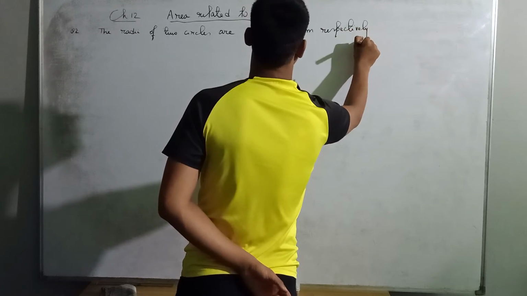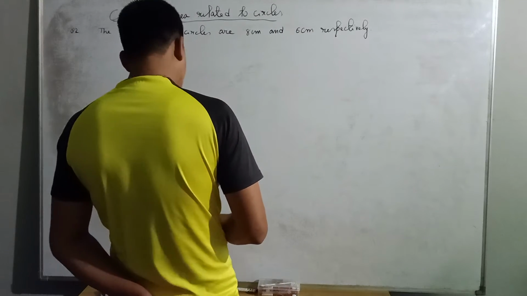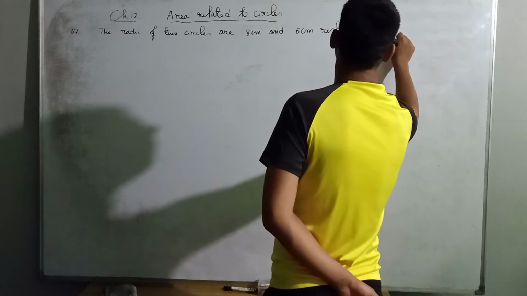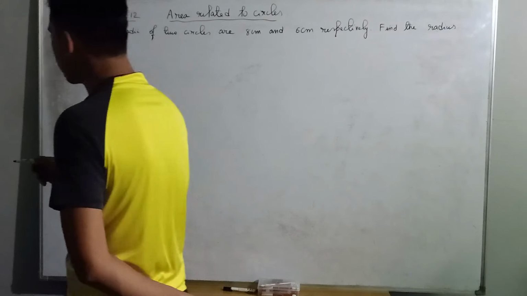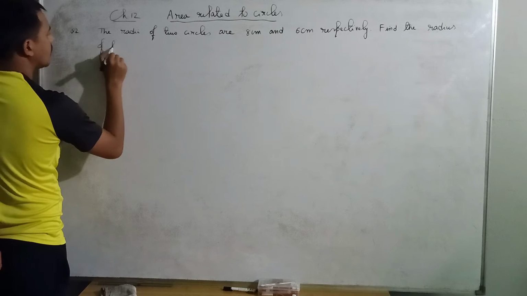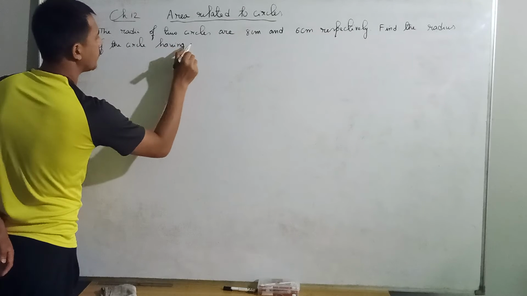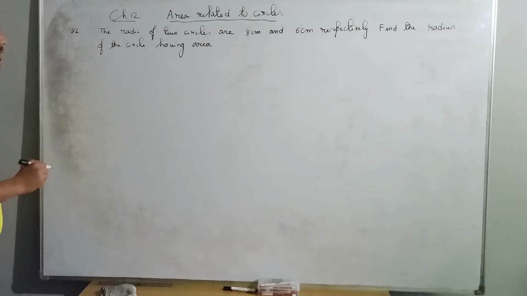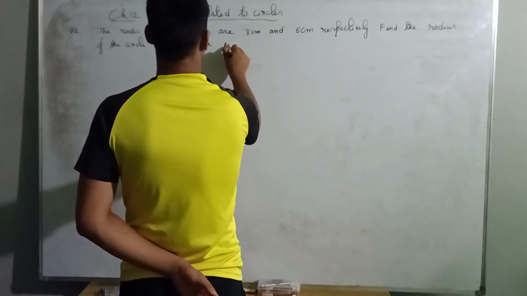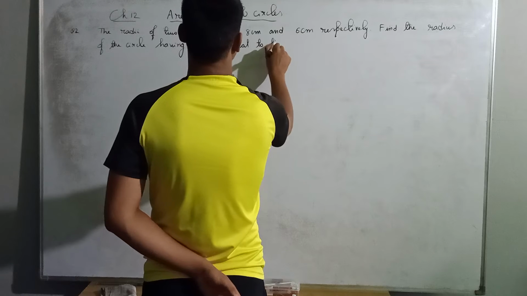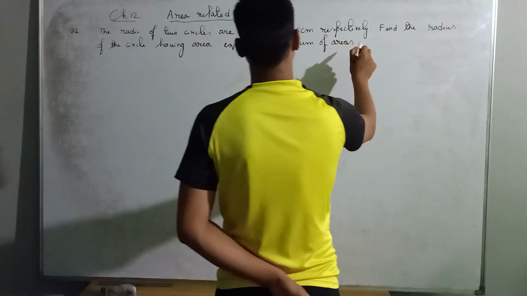Find the radius of the circle having area equal to the sum of areas of the circles.